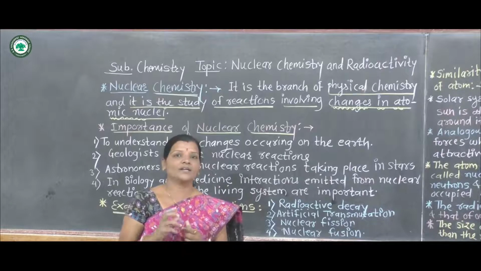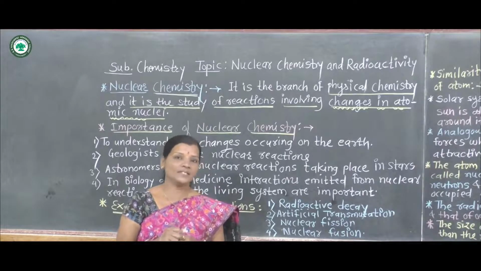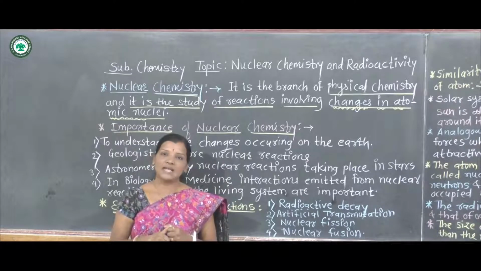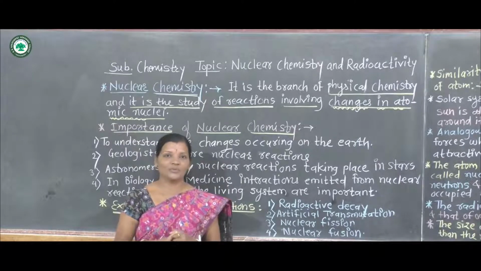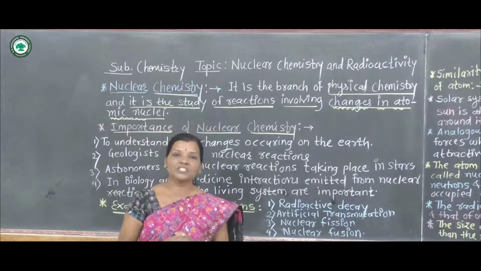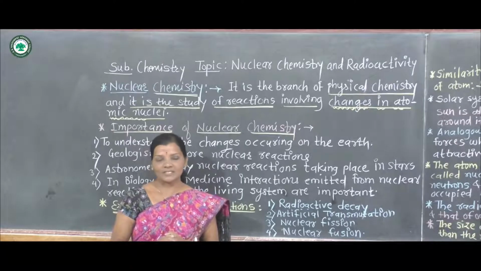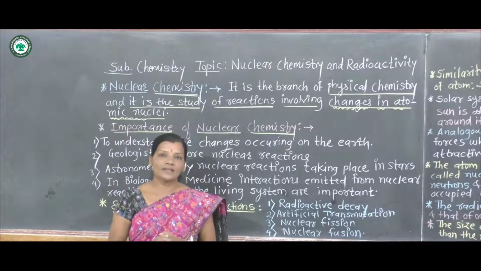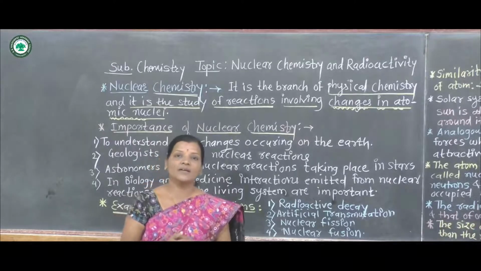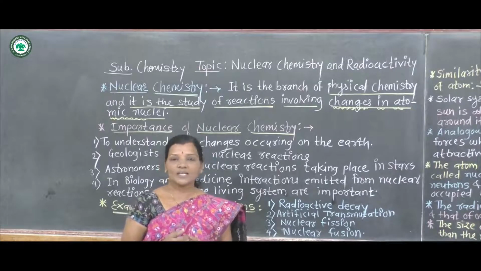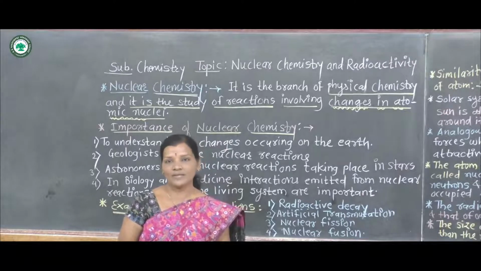We know that the nucleus of an atom consists of protons and neutrons, and protons are positively charged particles and neutrons are electrically neutral particles, and the nucleus of an atom is surrounded by electrons which are negatively charged particles. That means neutrons, protons and electrons are the subatomic particles of an atom.